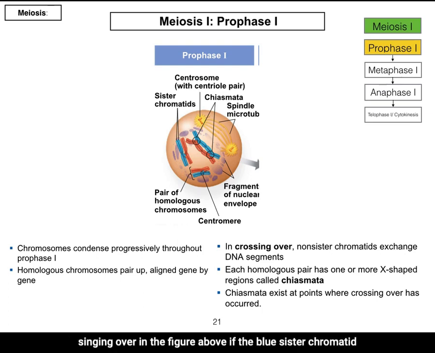This is known as crossing over. In the figure above, if the blue sister chromatid crossed over with the red sister chromatid, you would have a crossing over event. Each pair of homologous chromosomes has one or more X-shaped regions called chiasmata. It's at this chiasmata where the crossing over between the non-sister chromatids occurs.